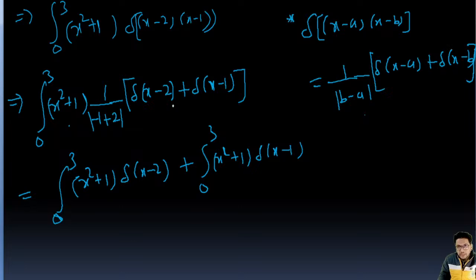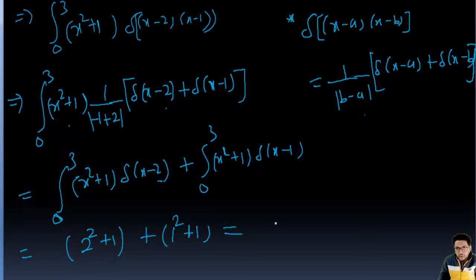Will multiply this with this and this. Okay, so these are two integrations, and then we will use the first property which I have explained, right? So see, 2 is between 0 to 3, and 1 is also between 0 to 3. So this is going to be 2 square plus 1 plus 1 square plus 1, right?